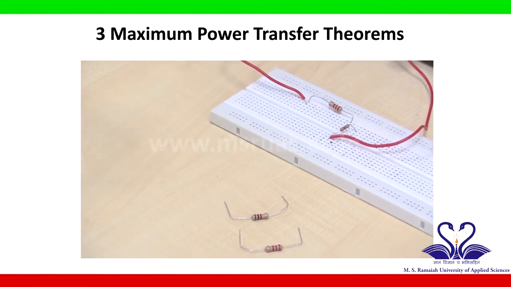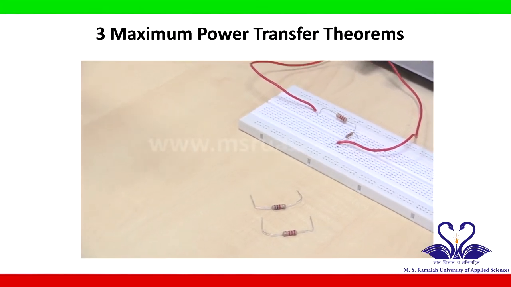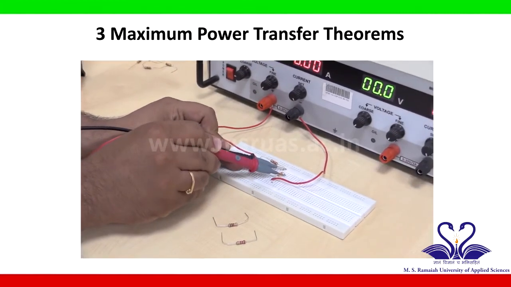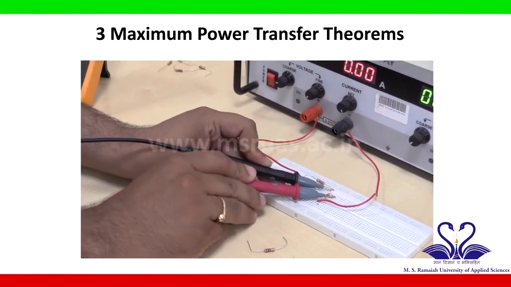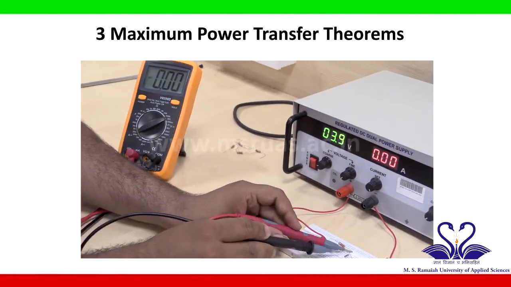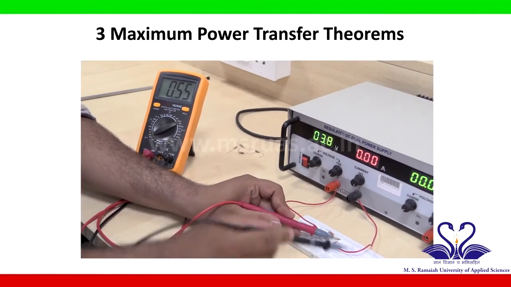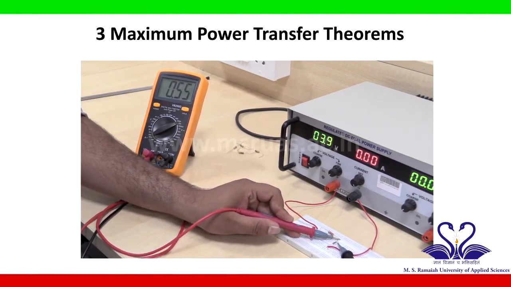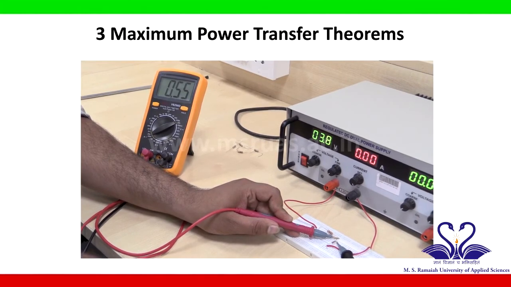Now let us measure the current value for 4.7 kilo ohm. We are getting 0.55 milliamps.